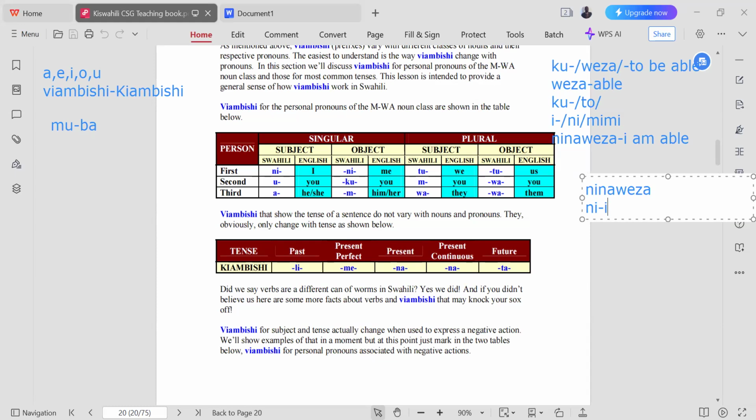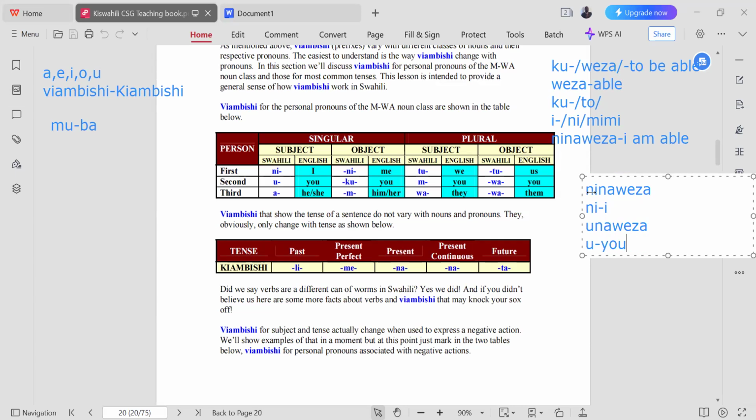Then if it is not you, it is the next person. You say u. So for example, instead of ninaweza, you will say unaweza. This is the person prefix u, unaweza. Are you together? So for this purpose, the main prefix is u, which means you.